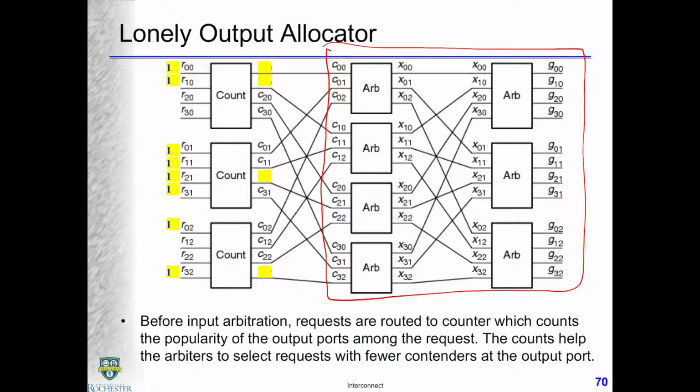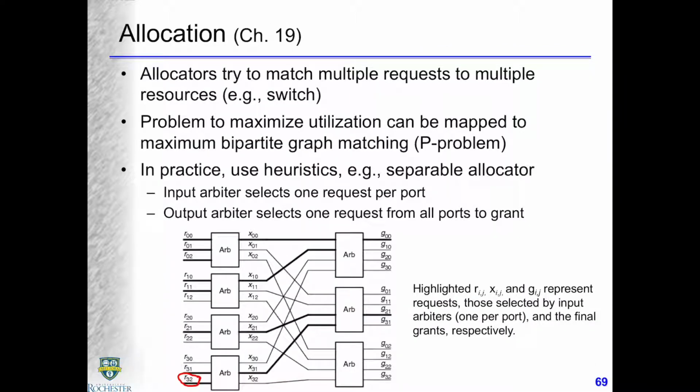So what we did is we reshuffled them a little bit. So here, the first subscript indicates your source port. The second subscript indicates your desired destination port. So R02 means there is a packet that wants to go from 0 to 2. Here we reshuffle them.